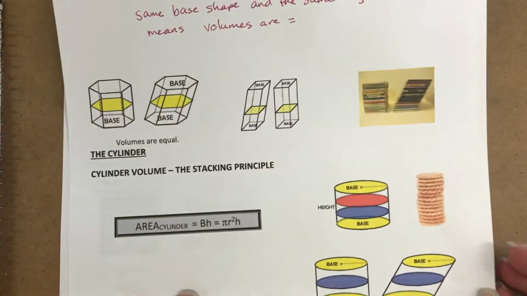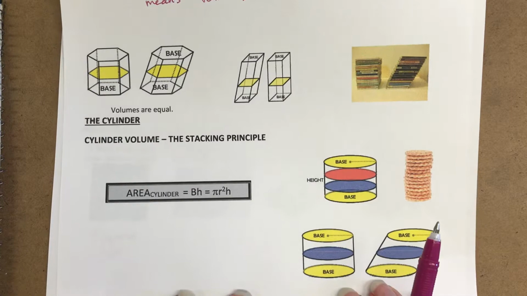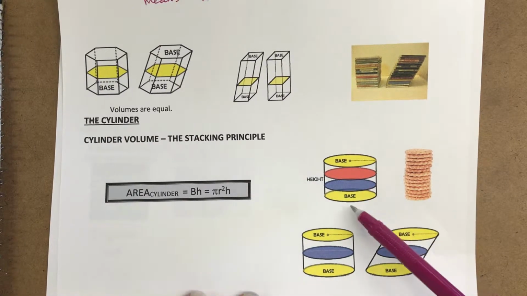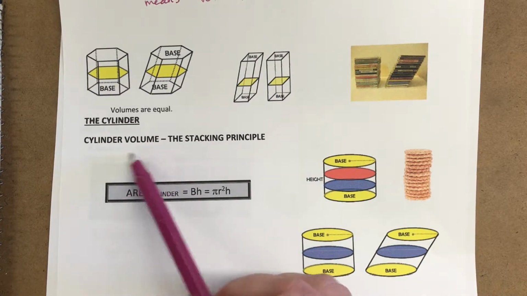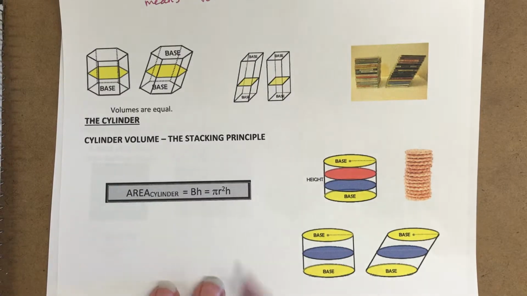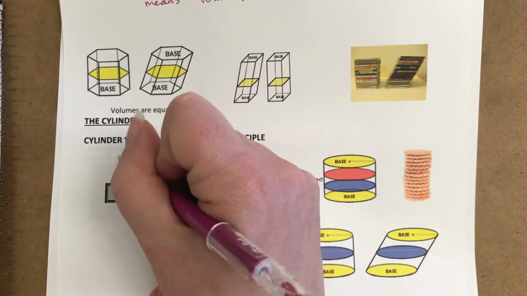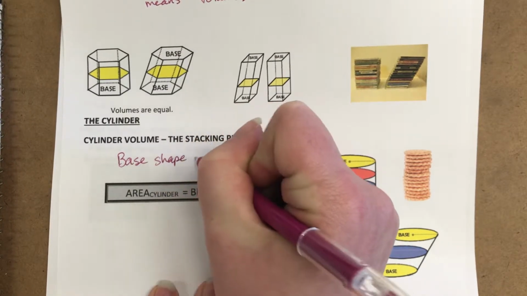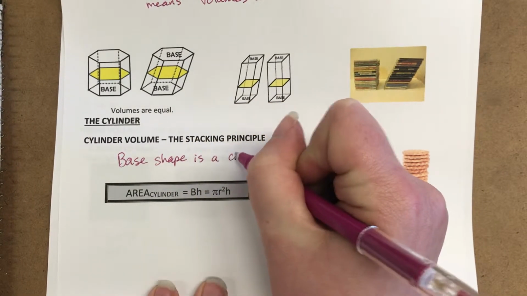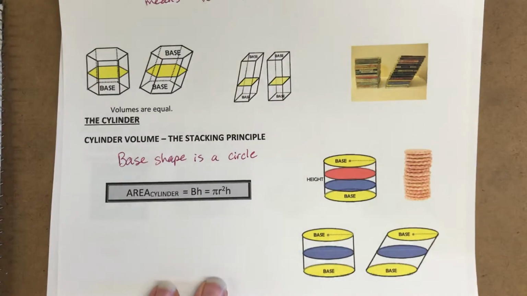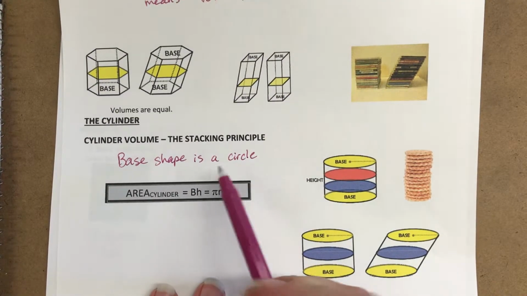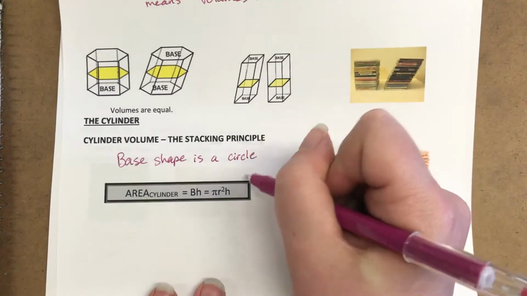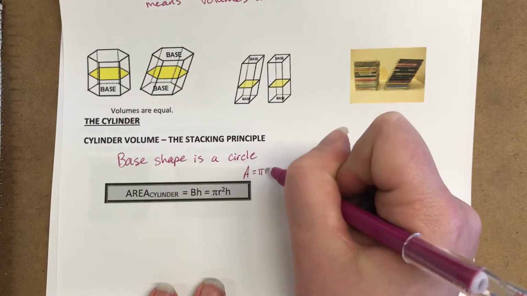All right, this works, same concept, but for a cylinder. The only difference between a cylinder and a prism is the fact that the base shape is a circle. That's the only difference. And we know how to find the area of a circle, right? The area of a circle is pi r squared.